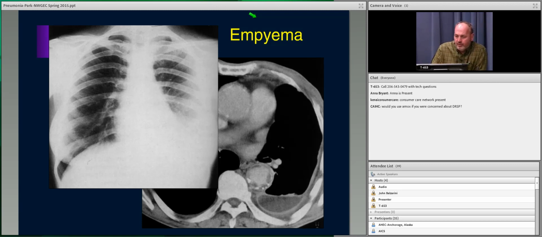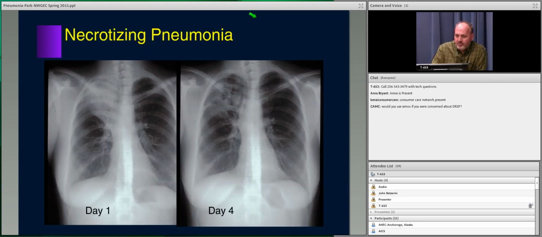Here's a photo of a patient with a pneumonia that's failing therapy, where on CAT scan you can see in the posterior left lower chest there's a loculated empyema with rim enhancement. And that's typically not going to get better until it's drained. Just as one example of a complication.